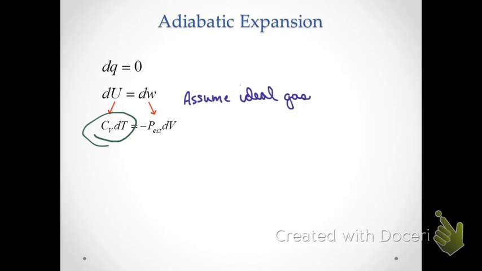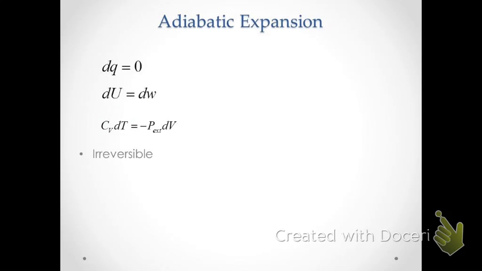So we have to remember that for an ideal gas, we can assume that du is equal to CV dT under any circumstances. But again, remember, this expression and the rest of this derivation will only work for ideal gases. It will not work for a real gas or for liquids and solids.